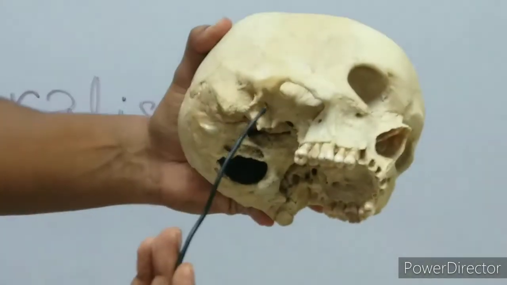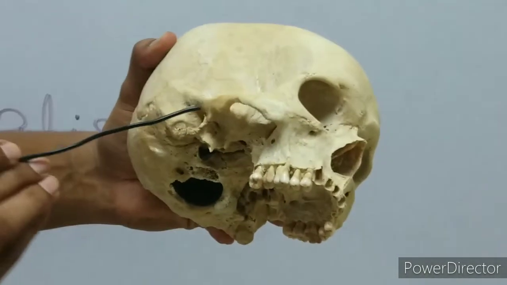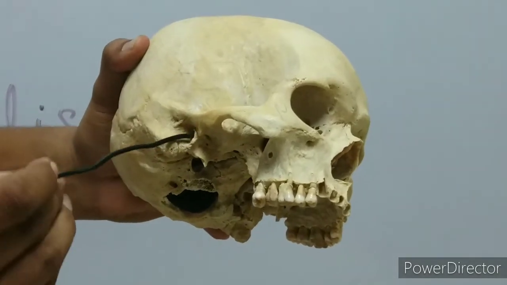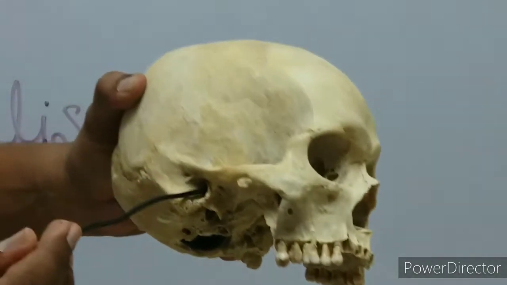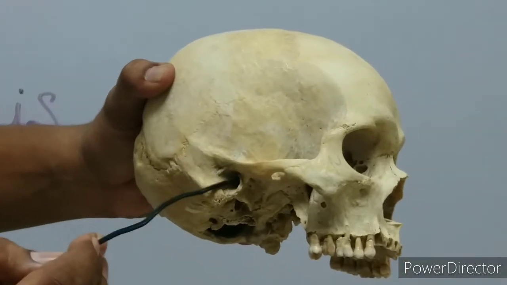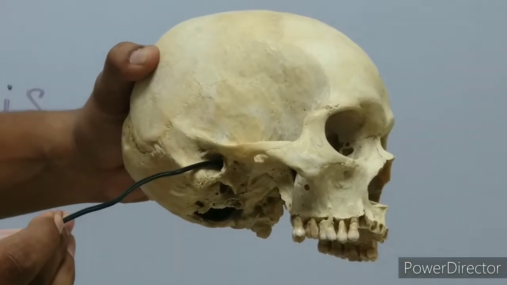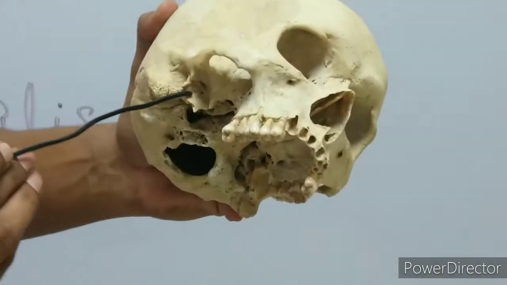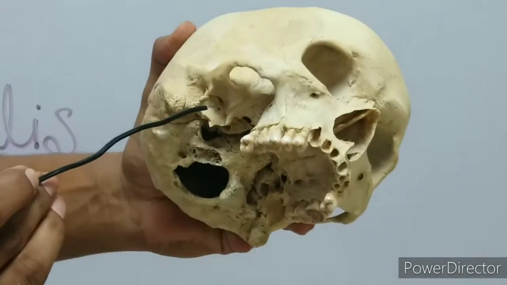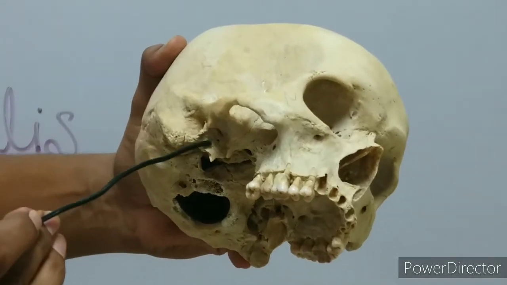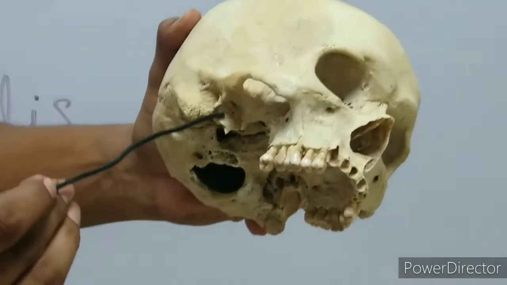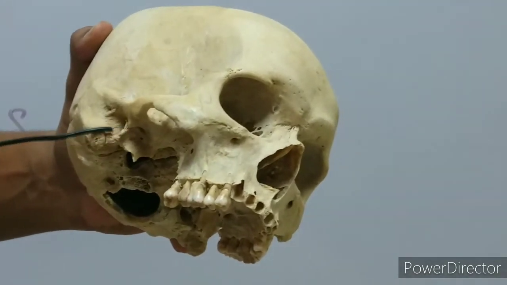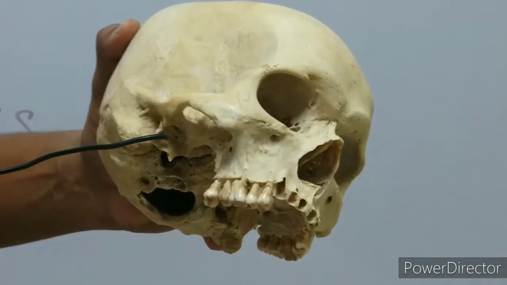This is the posterior root, or you can say this is the postglenoid tubercle that we have discussed, and behind that there is the external acoustic meatus. Here the lower portion is formed by the tympanic plate. Okay, this posterior margin, lower part, is formed by the tympanic plate.